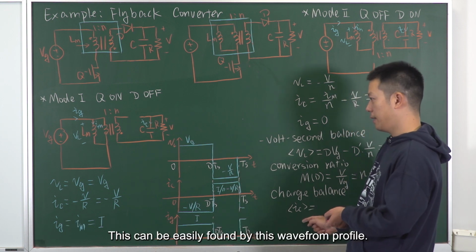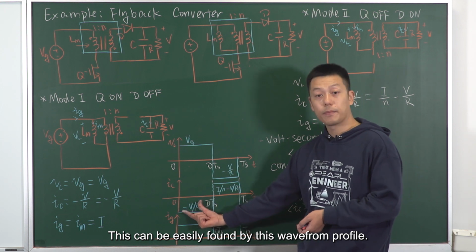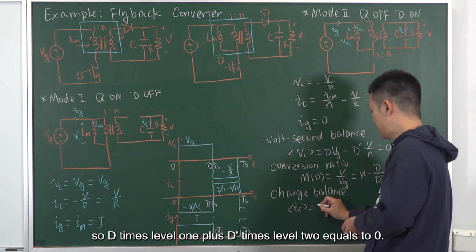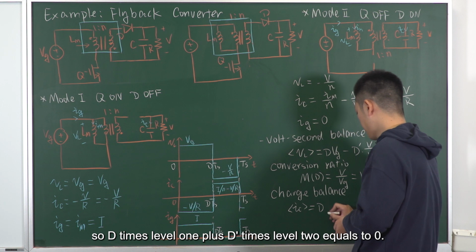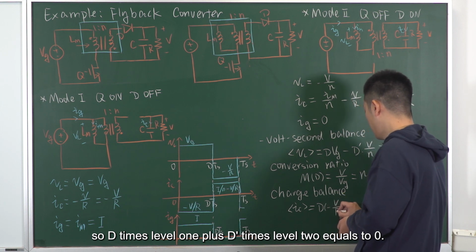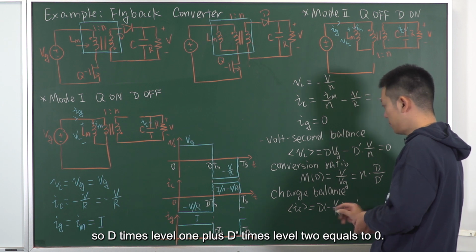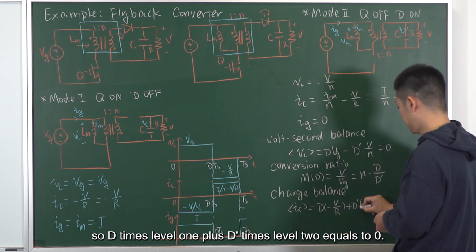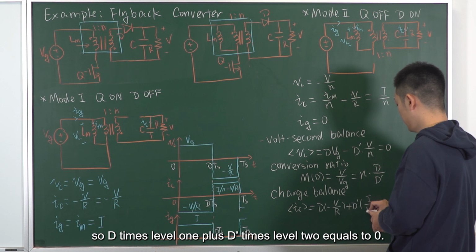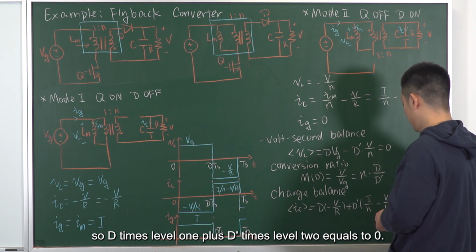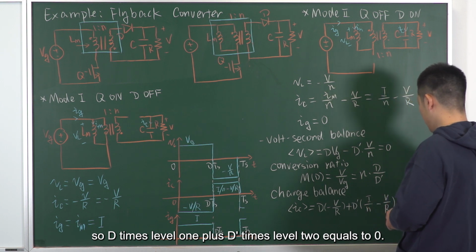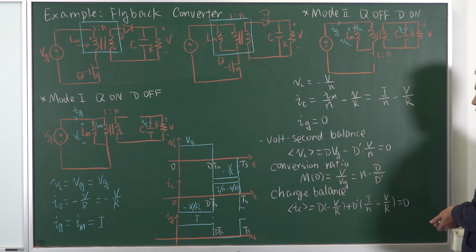This can be easily found from this waveform profile, right? So D times level 1 plus D prime times level 2 equals 0.